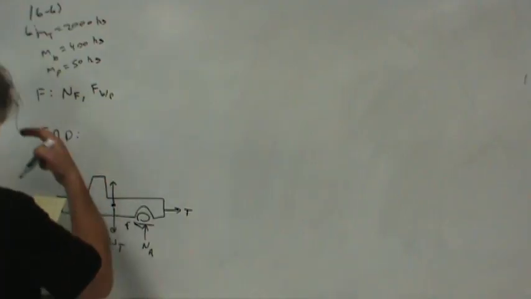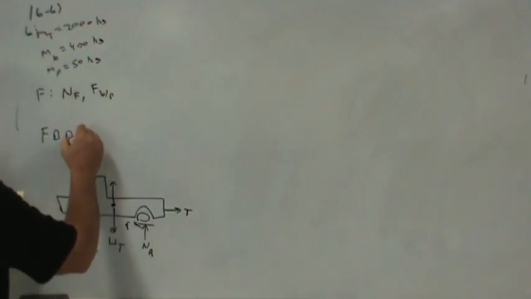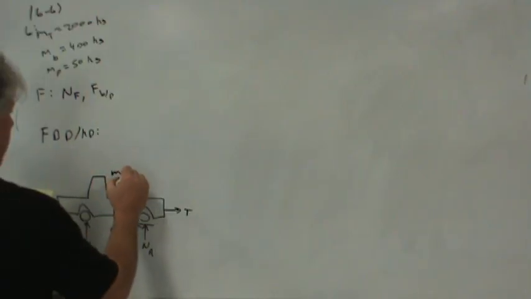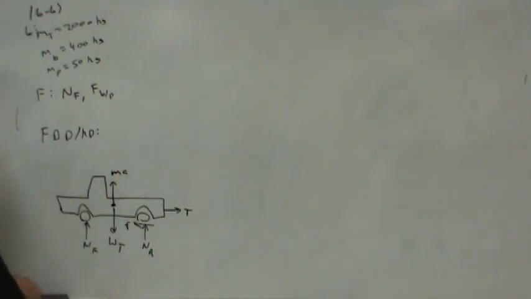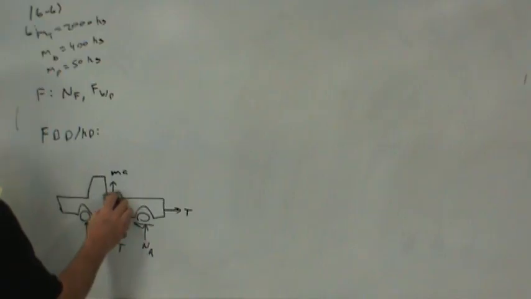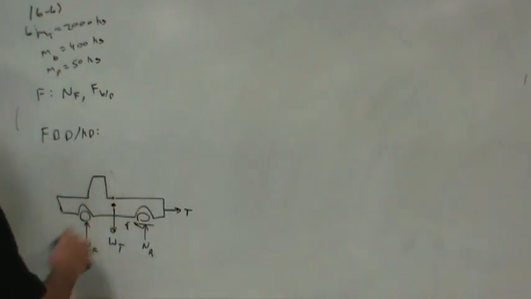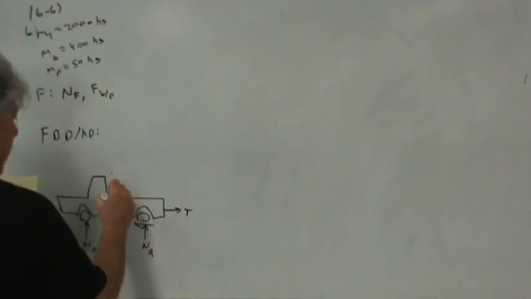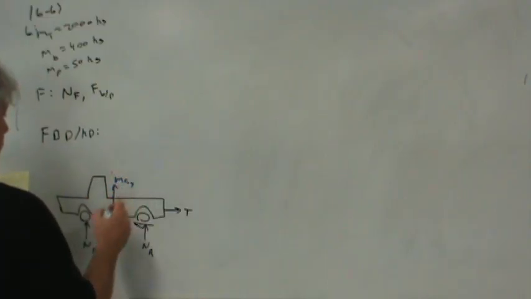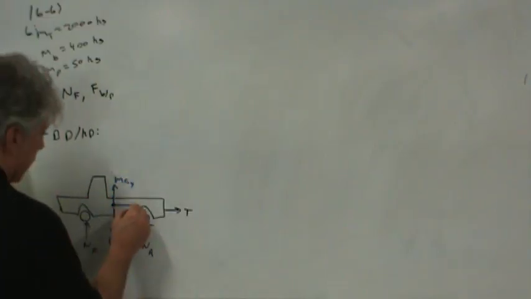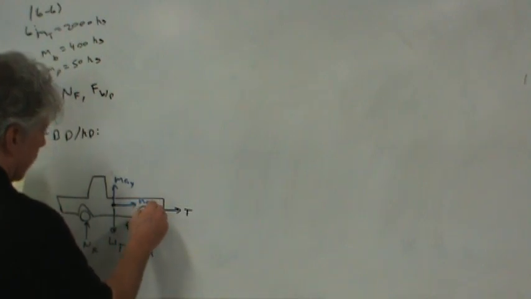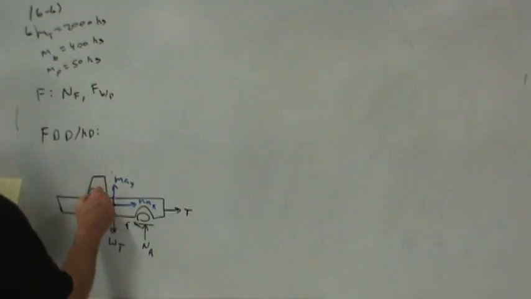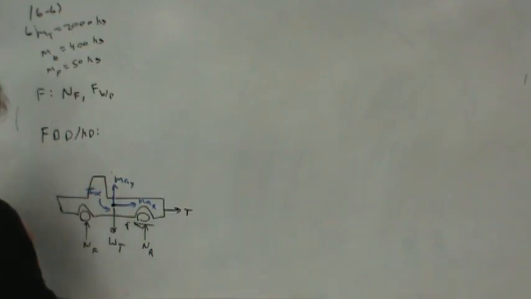Now, I drew this because I decided to put my free body diagram and kinetic diagram together. Let's put that in a different color to differentiate the dynamic forces from the real forces. So there's a mass times acceleration in the y direction, as well as a mass times acceleration in the x direction, and then finally an I alpha to be complete in our kinetic diagram.